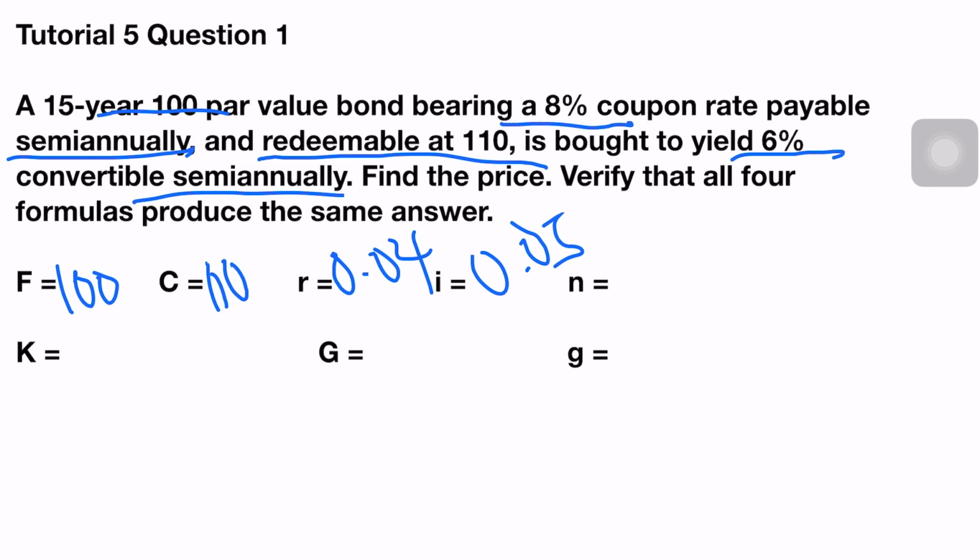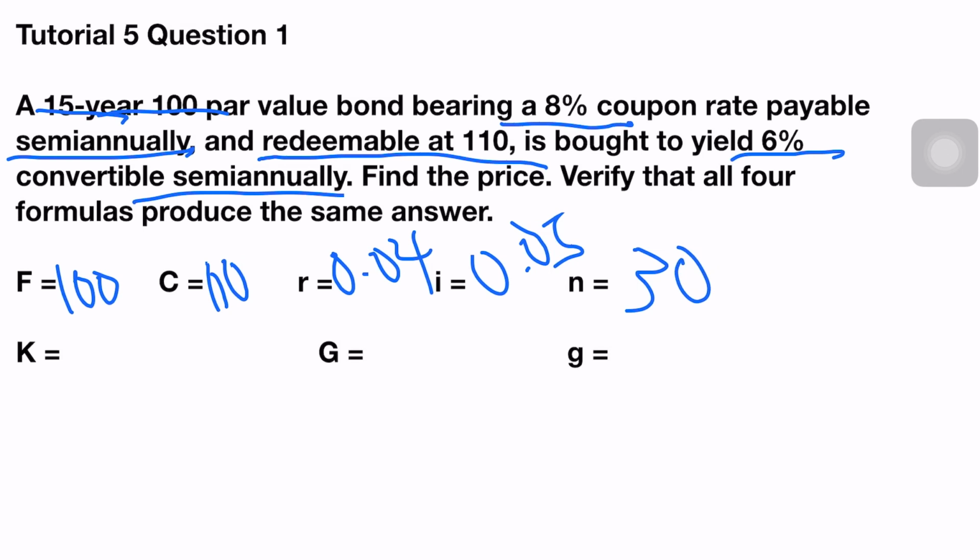N is the number of times that we will get the coupon amount. So 15 years paid semi-annually, 15 times 2, so N is 30.